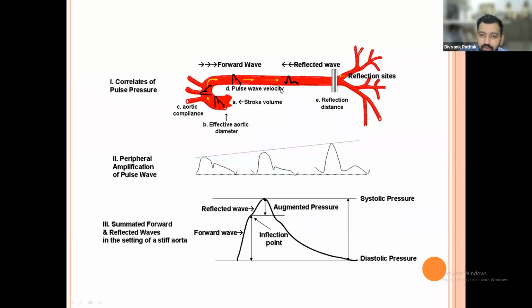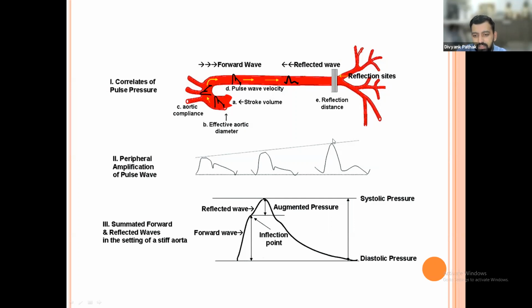Now if there are too many reflections, if the arteries are too rigid, then the reverberations will be more. If they are too compliant, the reverberations will be less. So peripheral amplification of the pulse wave is because the peripheral arteries are stiffer than the main arteries.